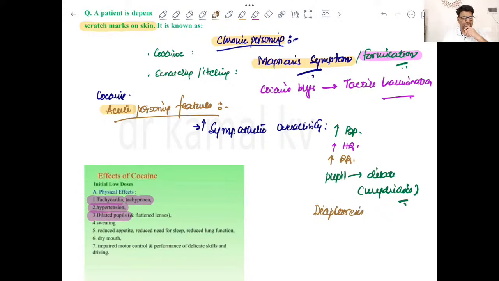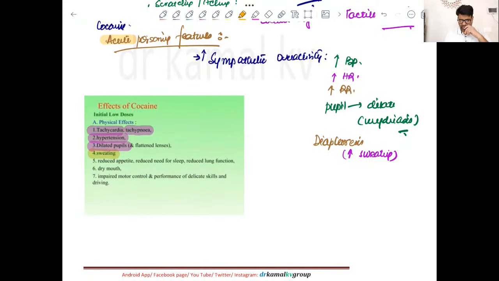That is increased sweating, right? So these are classical sympathetic overactivity features which are seen in acute cocaine poisoning, right? So cocaine is a very favorite topic, and you can have a question in any form, right? So just remember this much.